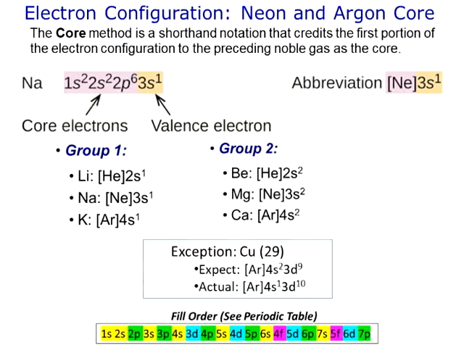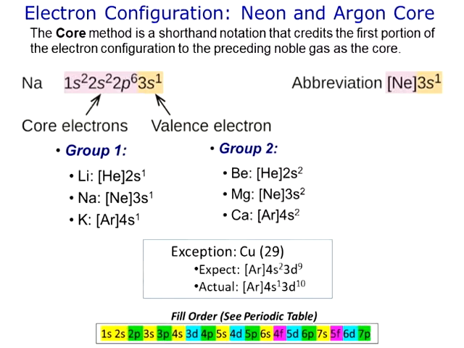And you note that the number of valence electrons changes as we go from left to right on the periodic table. More valence electrons in elements to the right than to the left. But then there are some exceptions on the periodic table. We show you one exception here, the exception of copper 29, which is a transition element.